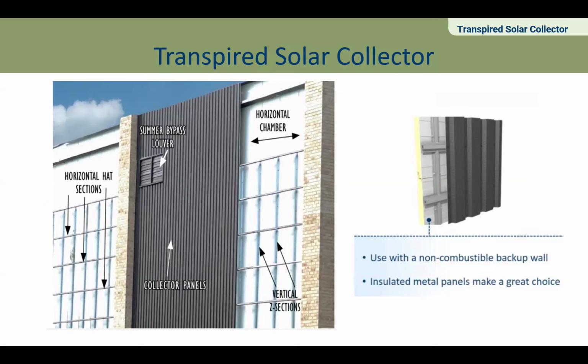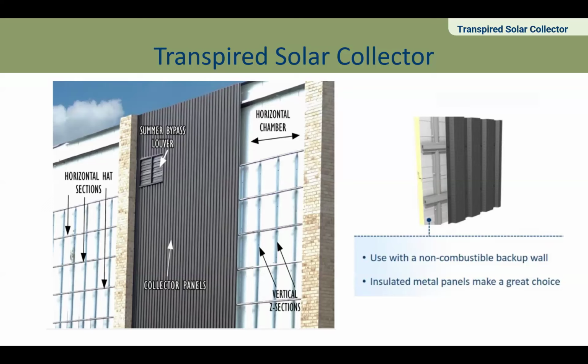A lot of times we're asked about the backup system and what that needs to look like. It can be anything from a CMU or precast concrete wall to a conventional metal frame building built up with insulation and vapor barrier, or it can even be an insulated metal wall panel system behind the transpired solar collector.